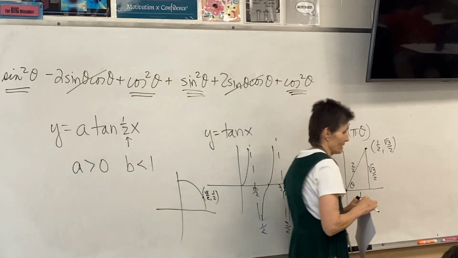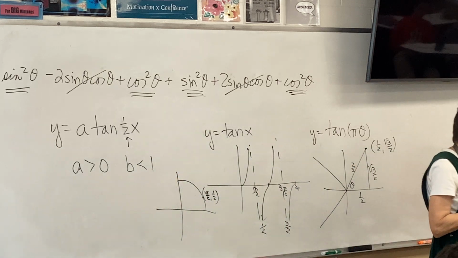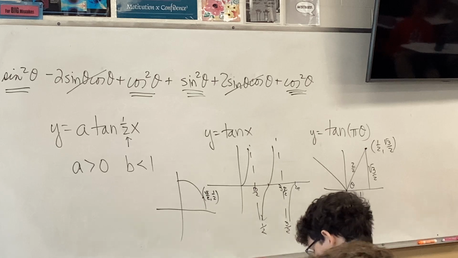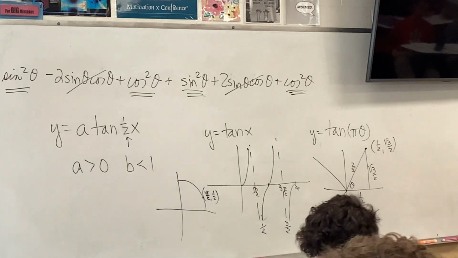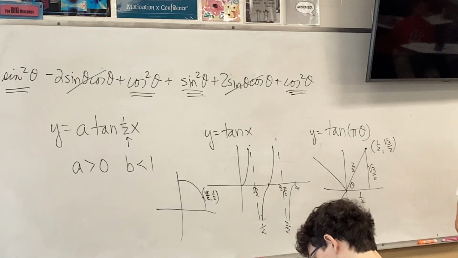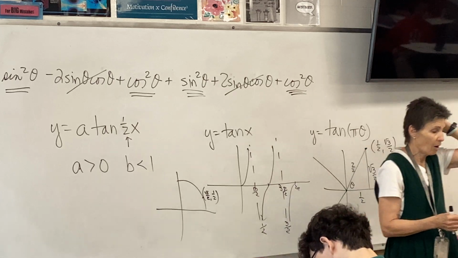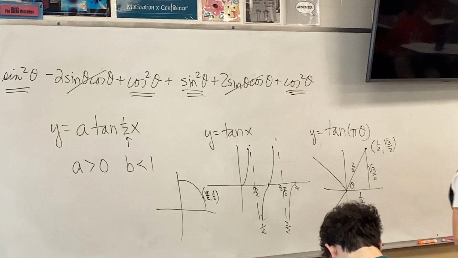All right, try 7. We just spent a lot of time practicing our identities, so try 7. Your goal in number 7 is to take the left side and work your magic and make it into the right side. So think about what you are going to do on the left side of that problem.